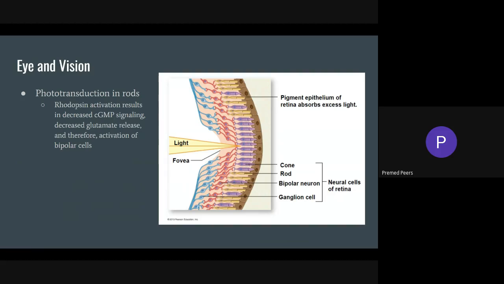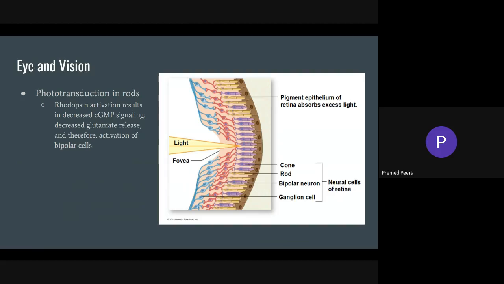Rods have discs in them that contain rhodopsin. Rhodopsin is a molecule that gets bleached or activated by light. When that happens, it splits into two parts, opsin and retinol. And this will cause a change in the cell, which will decrease cGMP signaling.